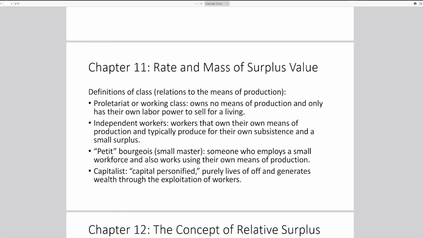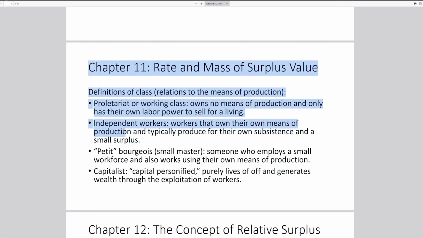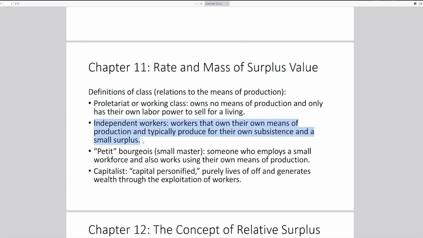The independent workers are workers that own their own means of production, but they typically only produce for their own subsistence and maybe a small surplus on top of that. At least in Marx's time, and maybe in our own time, we could call this the peasant class, basically. A peasant fits this definition pretty well, right?